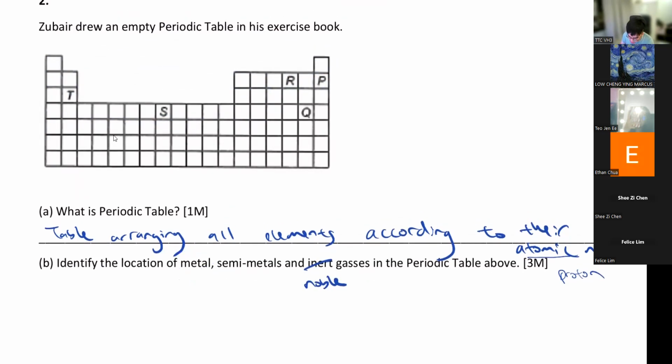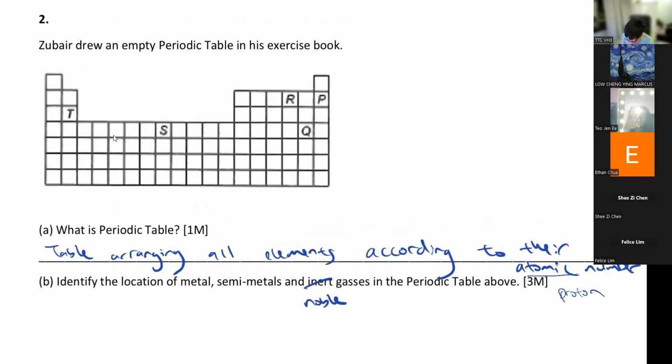Where is your metal? Your metal is over here. Okay, like I said, you don't need to memorize the periodic table. Guys, I hope it goes without saying.